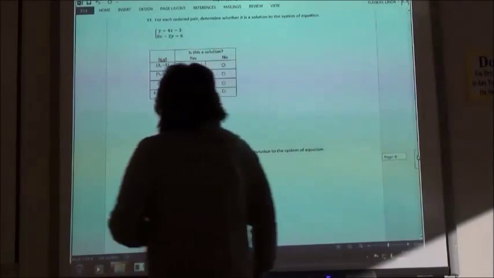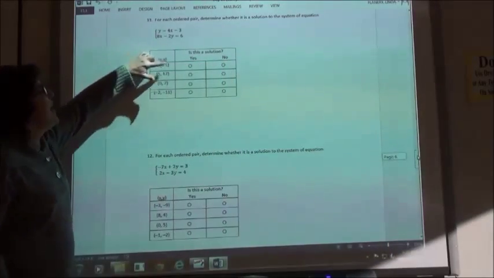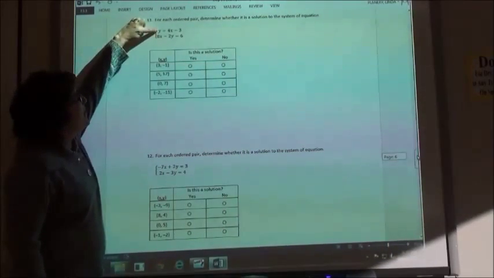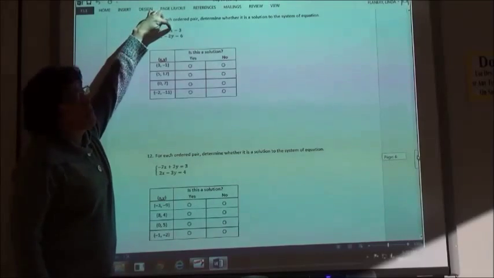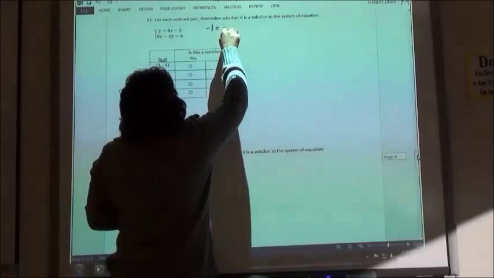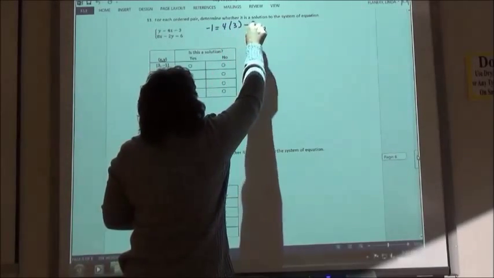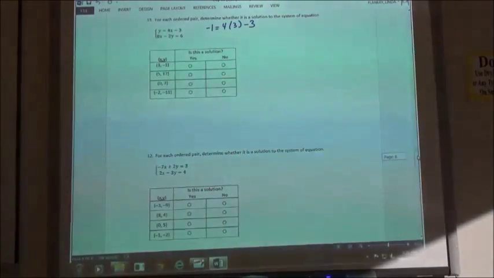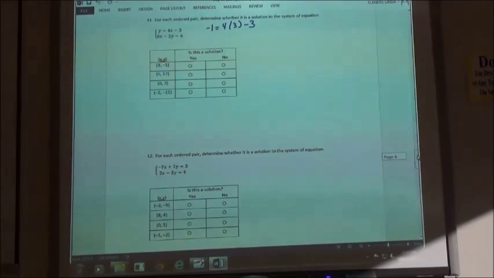So number 11, I'm going to check 3, negative 1. Negative 1 goes in for the y, 3 goes in for the x. So does negative 1 equal 4 times 3 minus 3? Is that a yes or a no?